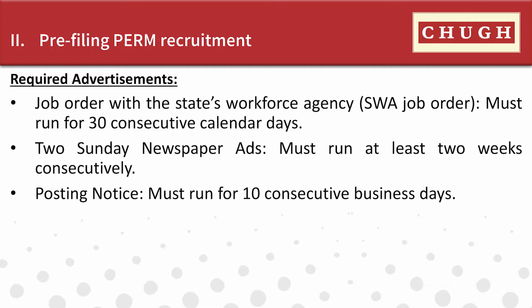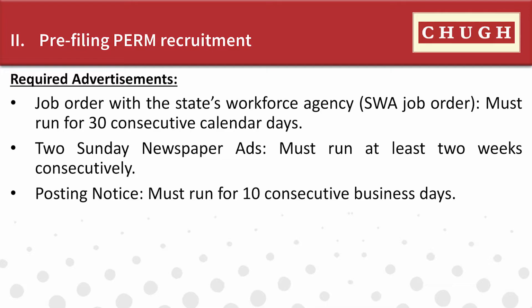The first one is a job order with the state's workforce agency, which is the SWA, and that must run for 30 consecutive calendar days. Every state has a different policy and regulation when it comes to their SWAs and the ads that run on their specific state agency work sites. Similarly, another ad that we have to run is the 2 Sunday ads.